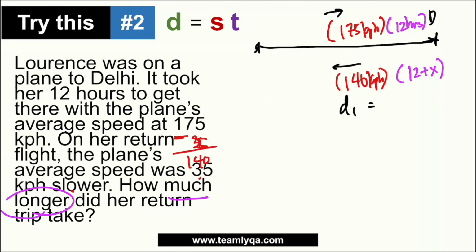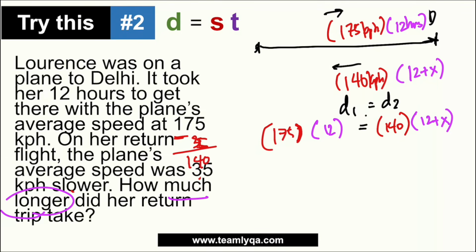Again, d sub 1 is equal to d sub 2. 175 yung dito, tapos imumultiply ko siya sa 12, which is yung original na length ng biyahe. Equal daw yan dun sa 140, yung reduced na speed. Tapos imumultiply ko ngayon siya sa 12 plus x.